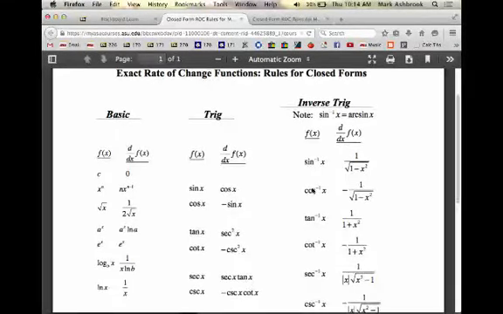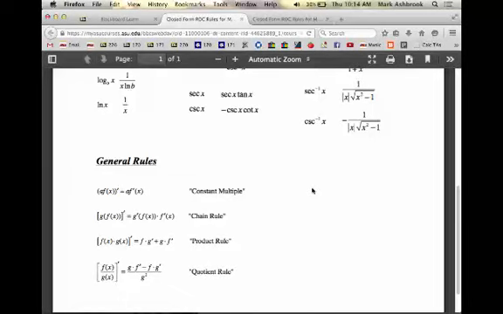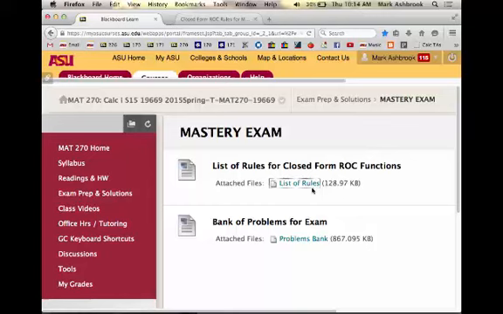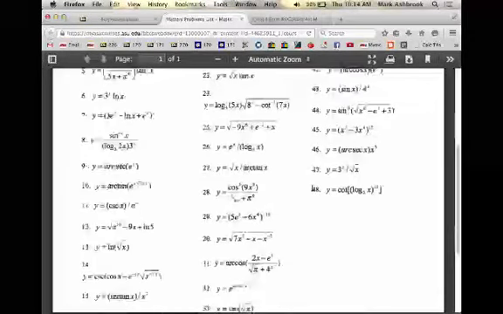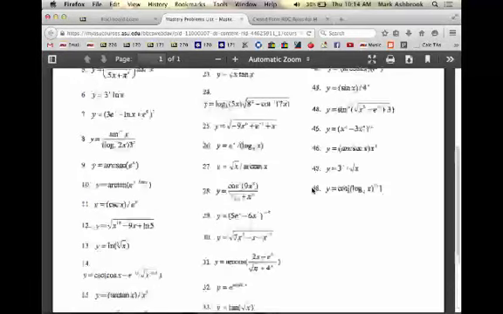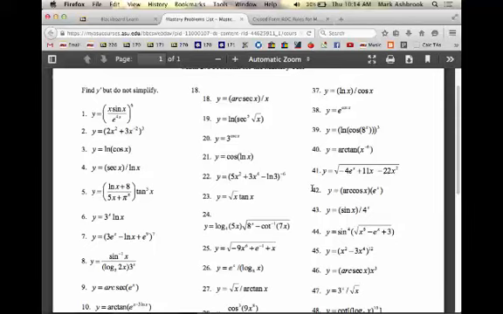It has all the rules for different functions, and then the general rules for combinations of functions. But what else is there is the problem bank for the exam. So the second half of the mastery exam, you will get 10 of these problems. So I'm giving you all 48. You will find the rate of change function for 10 of these. Okay?